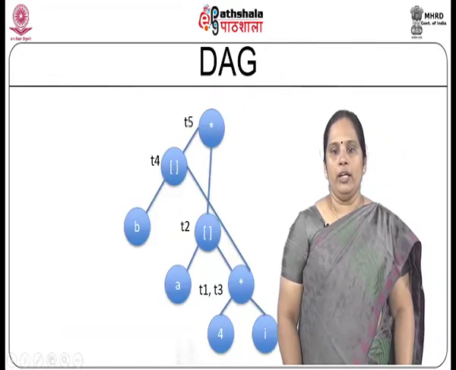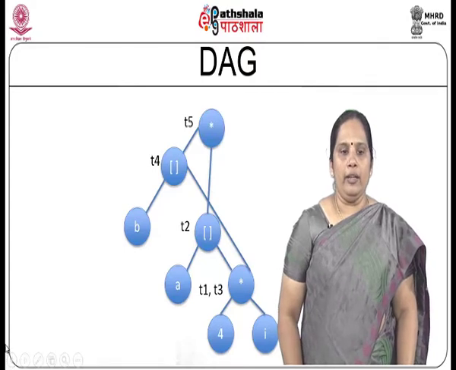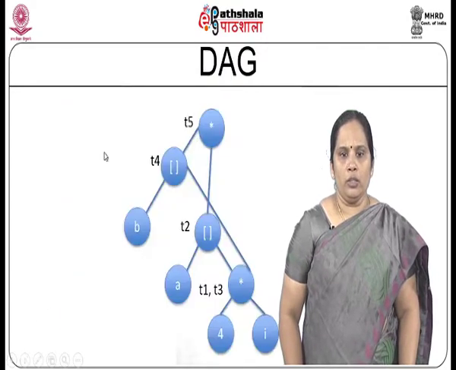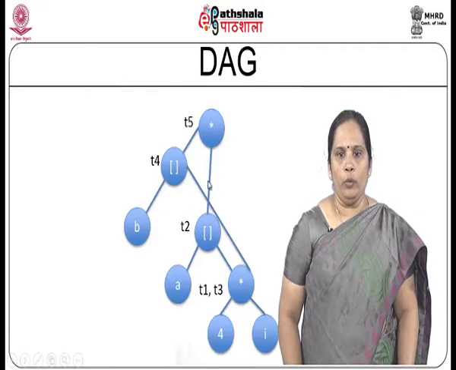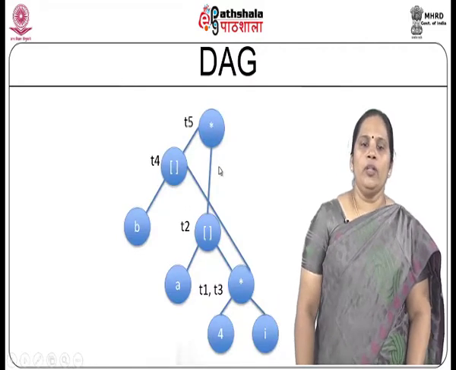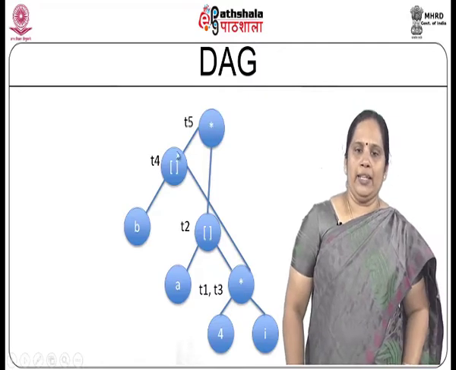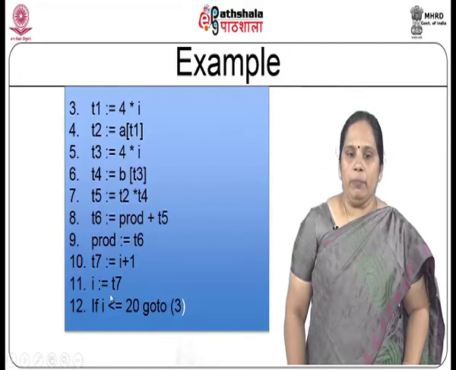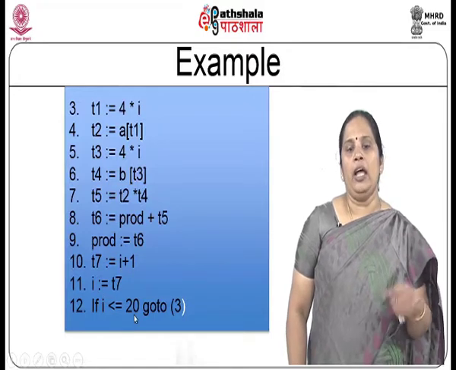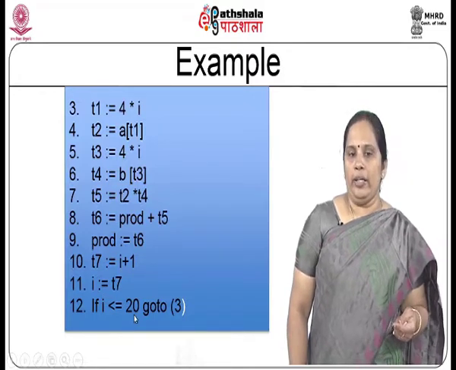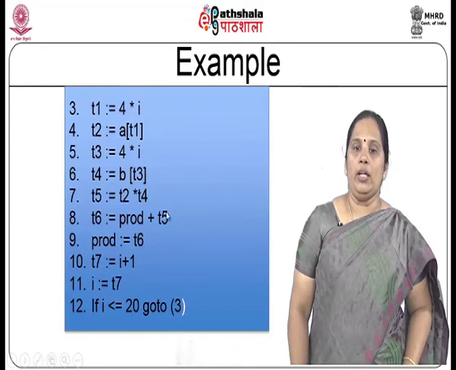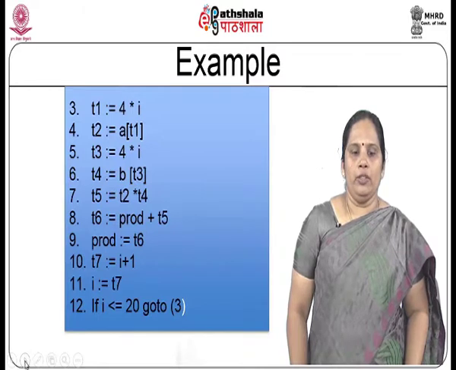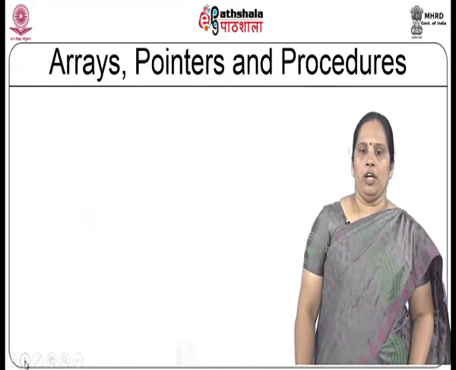And then T5 was T2 into T4, so I have done T5 as T2 into T4. Now, I can keep on expanding like this, and finally, for the last statement, I have to compute the value of 20, and check whether it is greater than 20. If it is, I have to go to another basic block, which I have not listed here. So, this is the construction of the DAG.